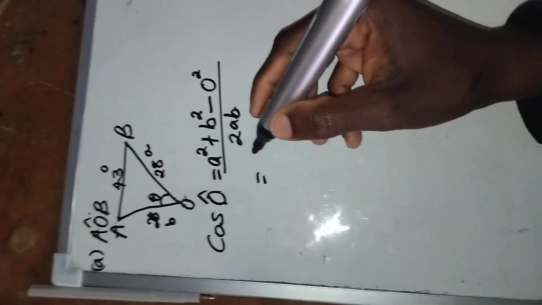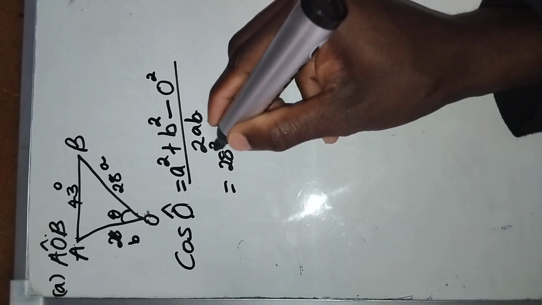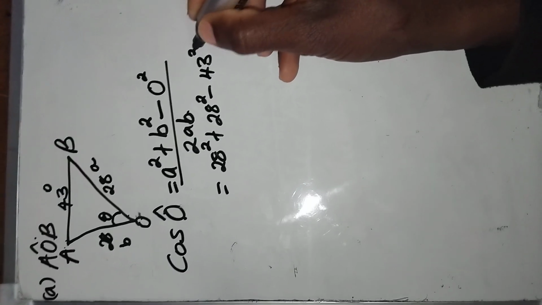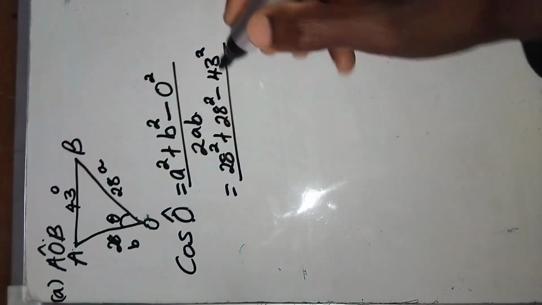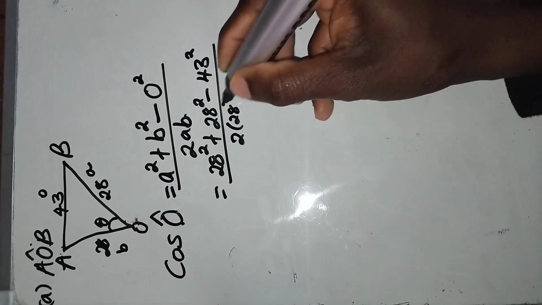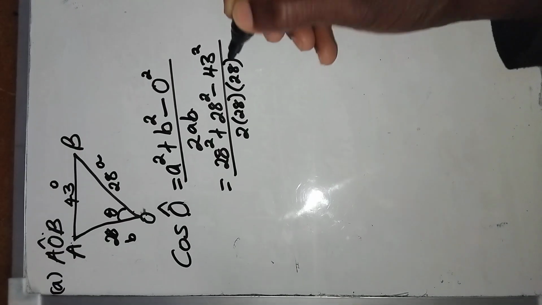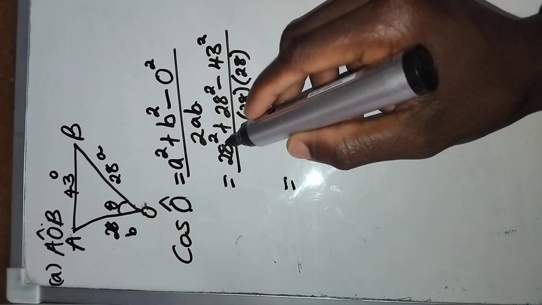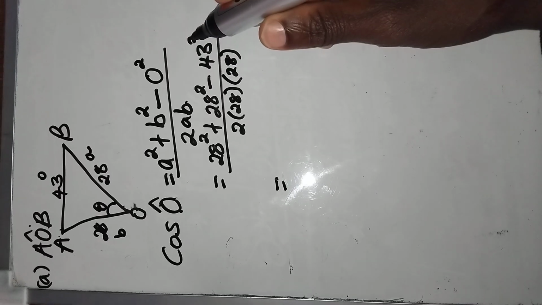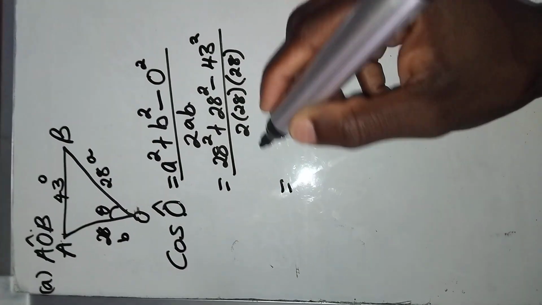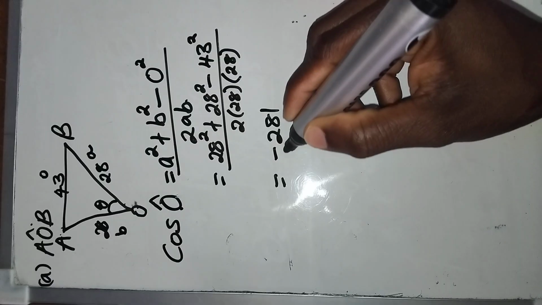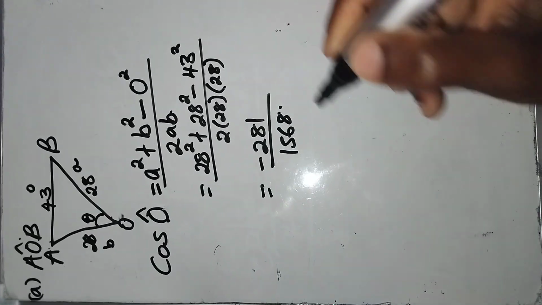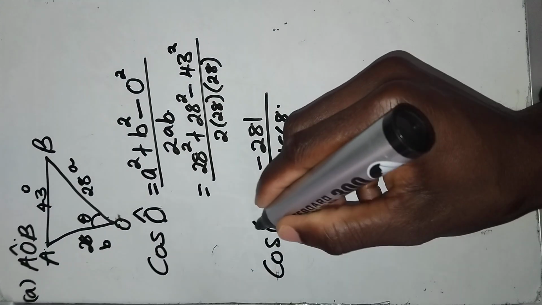Now we substitute. Cos O is equal to 28 squared plus 28 squared minus 43 squared, over 2 times 28 times 28. 28 squared plus 28 squared minus 43 squared gives negative 281, and 2 times 28 times 28 gives 1568.